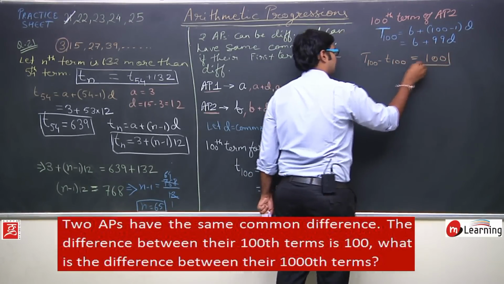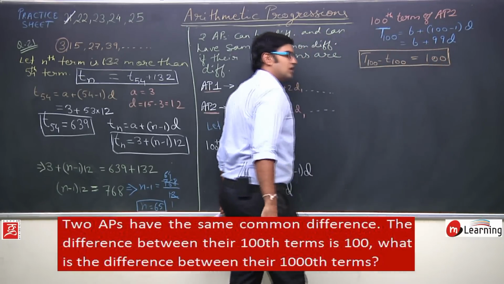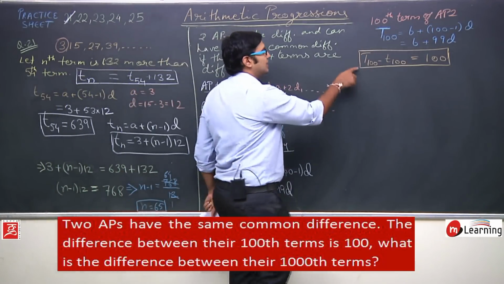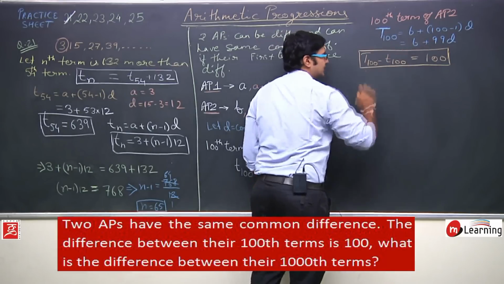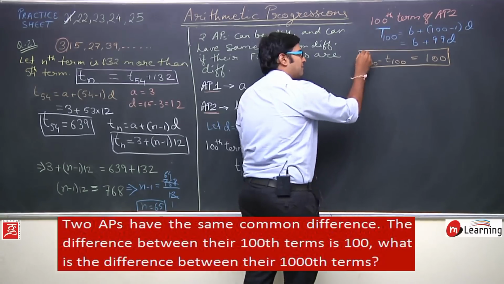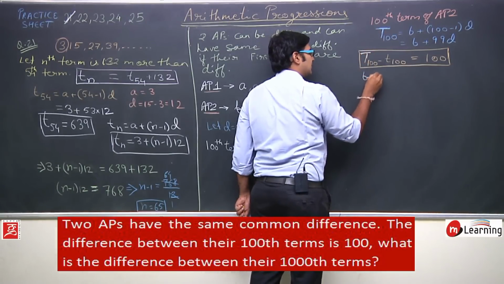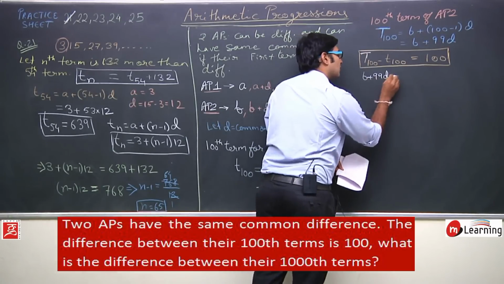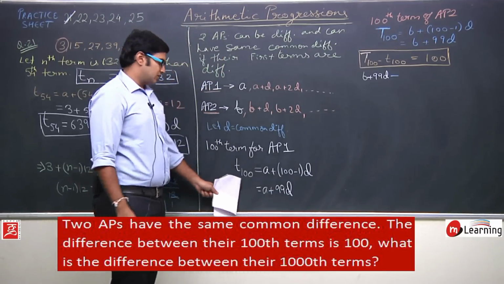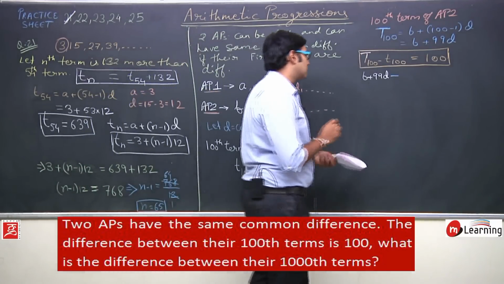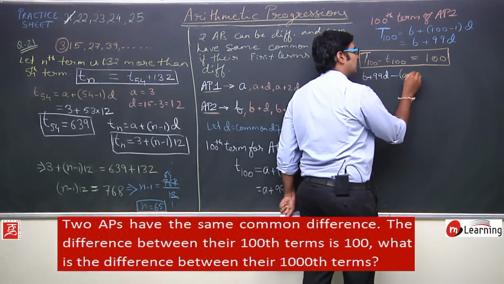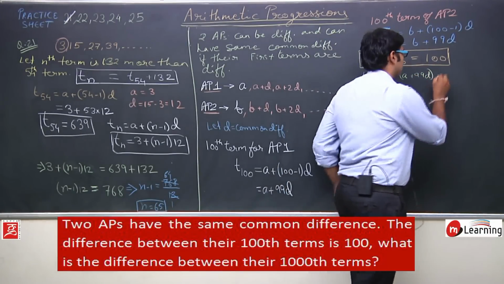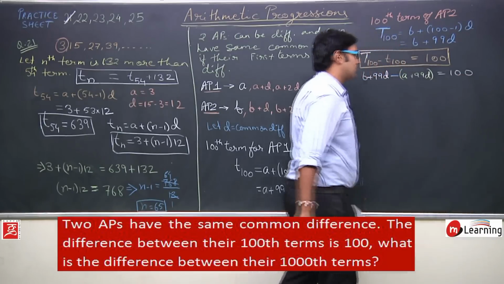Don't get confused, this is the 100th term of the second AP and the 100th term of the first AP. This capital T100 is equal to B plus 99D, and minus the 100th term of the first AP, which is A plus 99D. This is equal to 100.